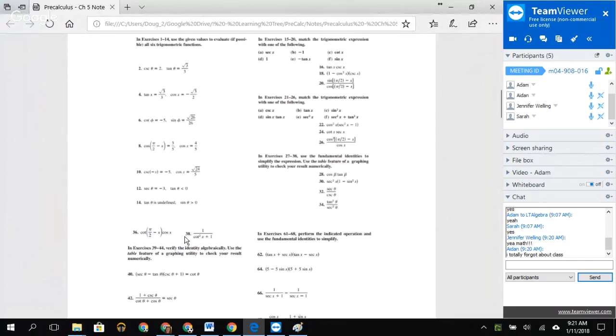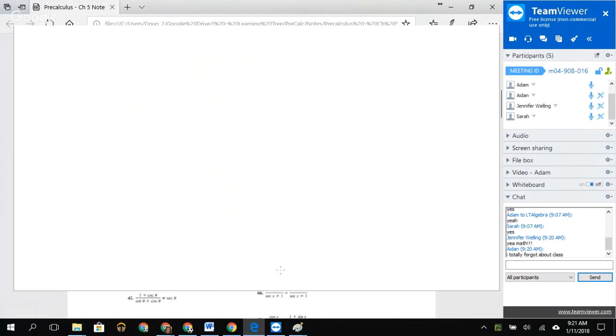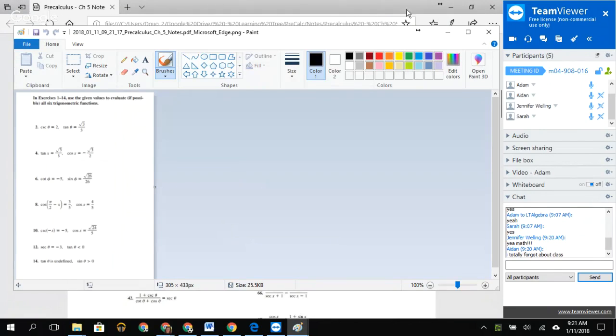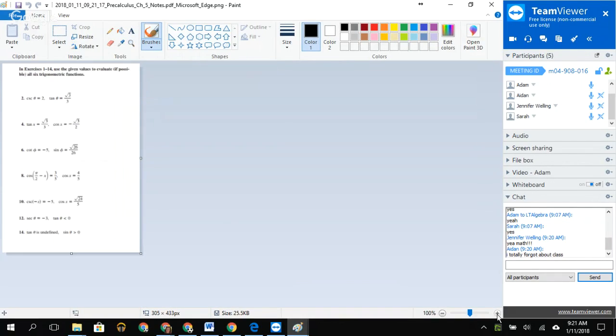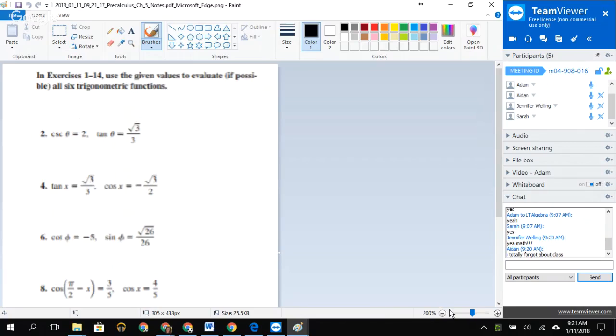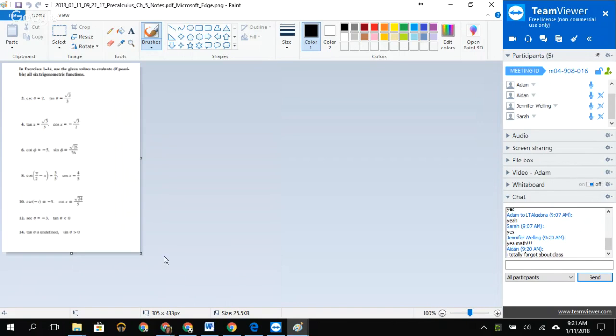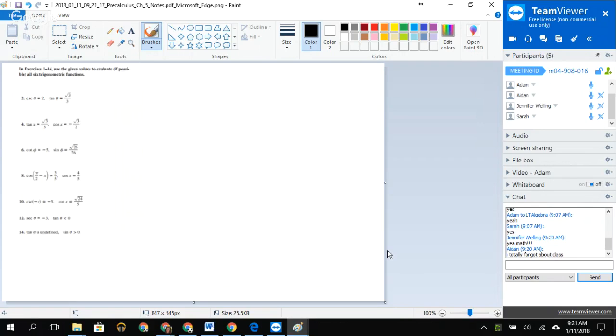All right, so let's do some examples from 1 through 14, because those are basically a review from chapter 4. Maybe I can make this a little bigger so it's not so tiny. Hopefully you have your notes there. If not, I'll write them bigger.